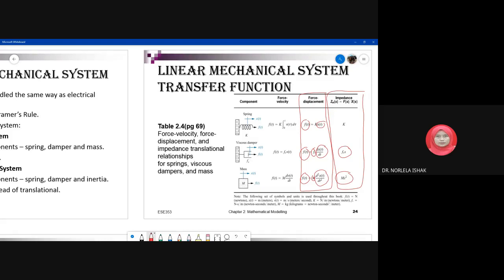The last column is for impedance: impedance for spring, damper, and mass.